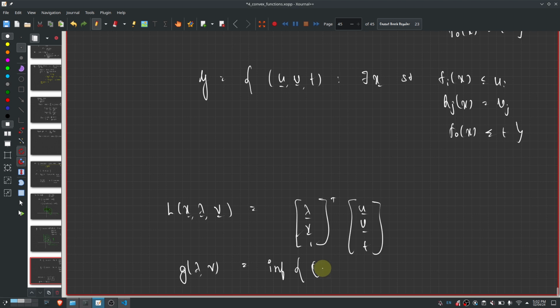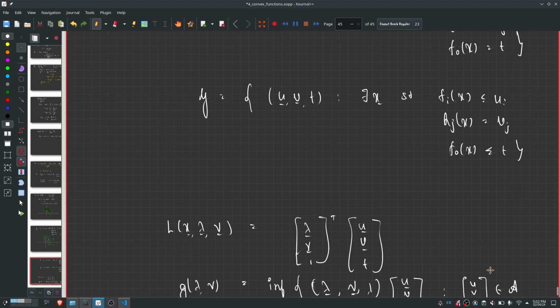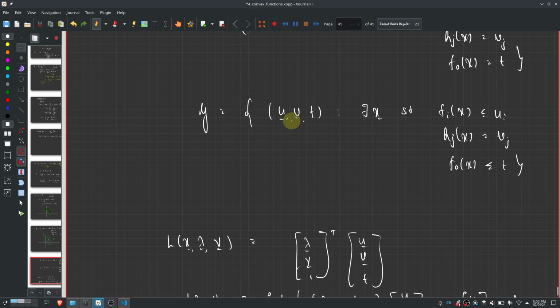It is the infimum value of the inner product of lambda, nu, 1 with u, v, t such that u, v, t lies in A, but I can also take this to be in G. The reason is that G of course contains A, but it only contains suboptimal points of A, because we're looking at all those points ui for which fi of x is less than or equal to ui, and all possible x for which t is greater than or equal to f0 of x.